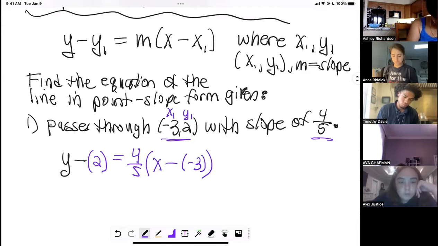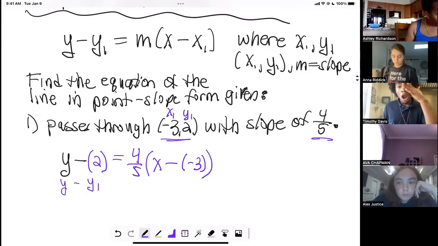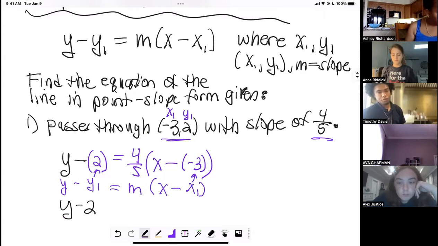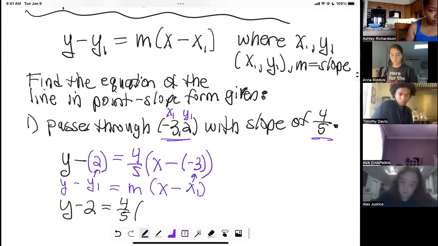-3. So y minus y1 is equal to m times x minus x1. See how we did that? x1 was -3, y1 was 2. And now I'm going to simplify it. So y minus 2, I don't need the parentheses, is equal to 4/5 times parentheses, now minus the negative is a positive, x plus 3.